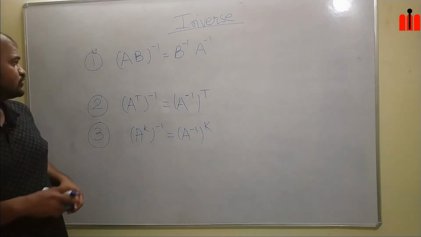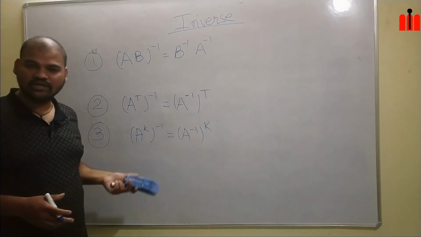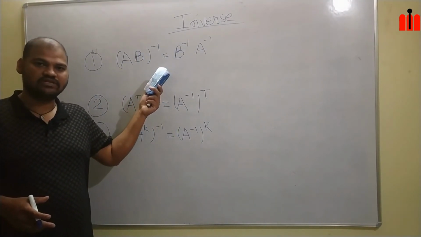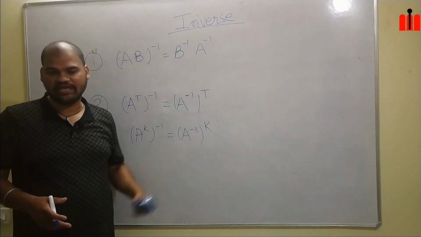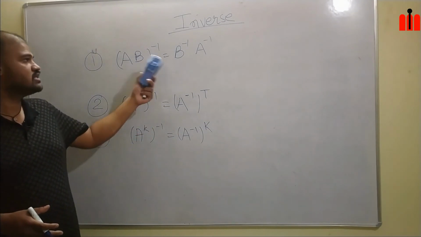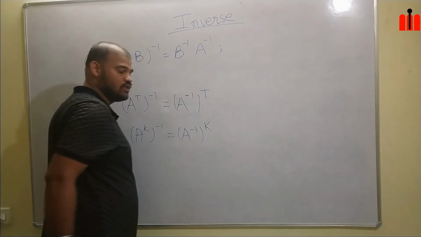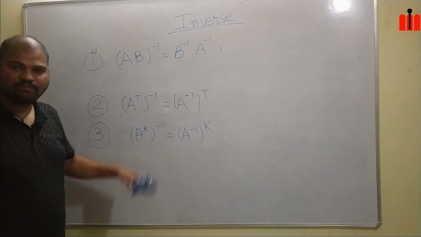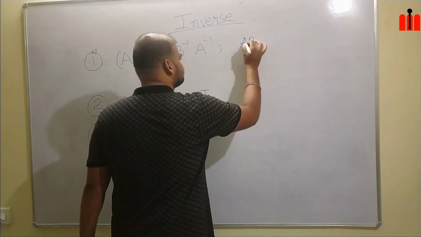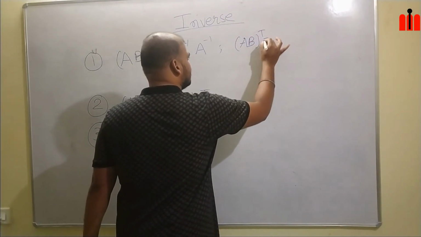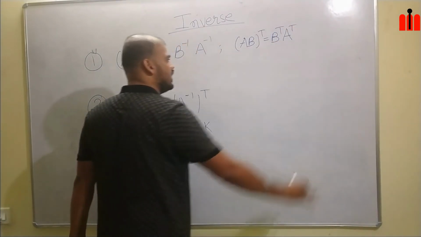Okay, so first property is, if you take two matrices A and B, do the product and inverse, AB inverse is equal to B inverse into A inverse. Okay, this is the first property. Same thing can be mapped for transpose also. If suppose AB transpose is written, then it is B transpose into A transpose.